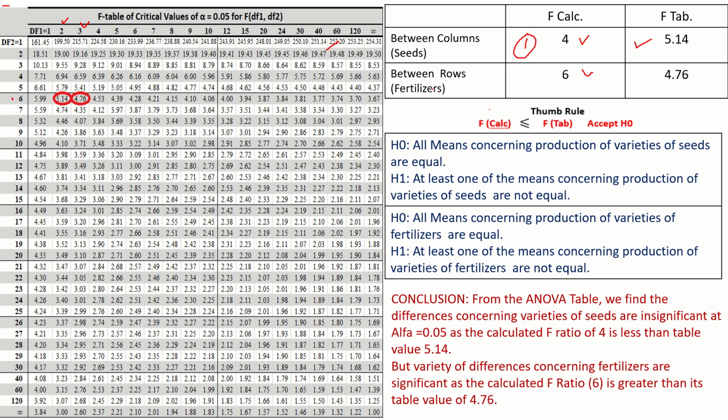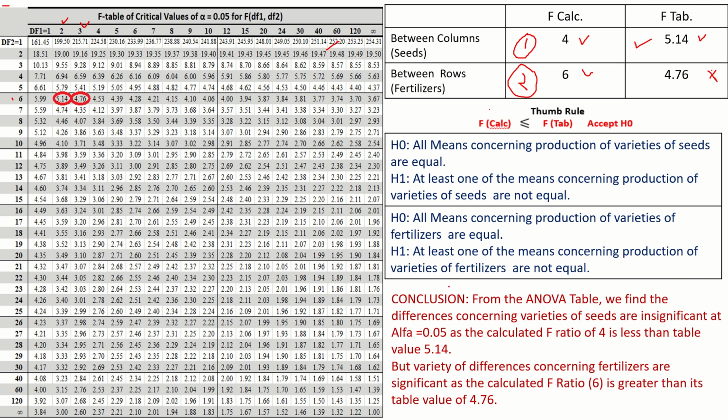In the second case, the F calculated value is greater than the F tabulated value, so we are accepting H0 in one case, whereas we are not accepting H0 in the other. We should correct the statement: all means of production concerning varieties of seeds are equal.